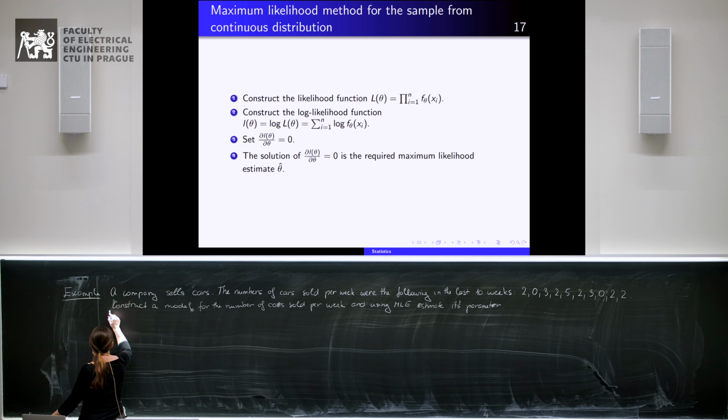So, constructing a model means nothing other than to set which distribution the number of cars sold per week comes from.